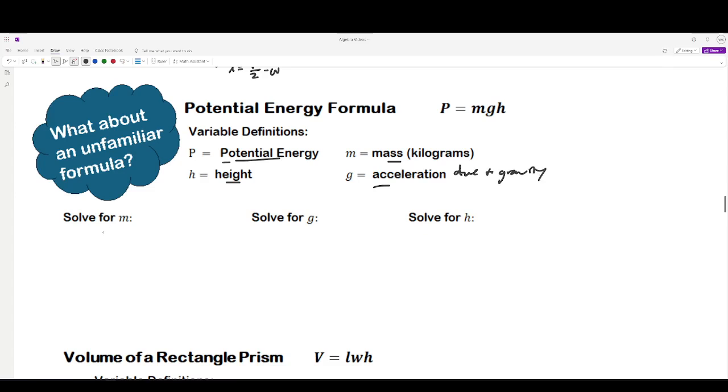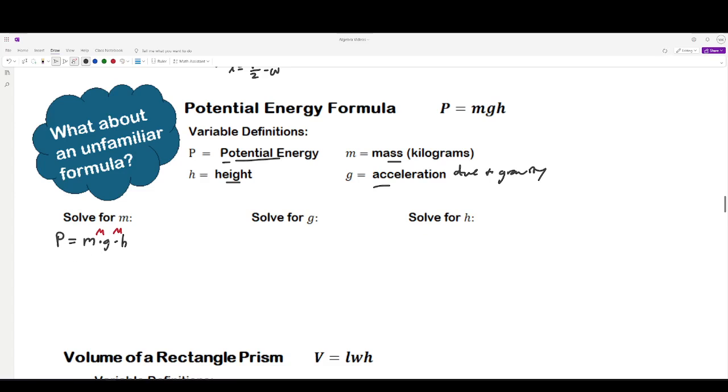So solve for m. We have P equals m times g times h. Both of those multiplications are times m.